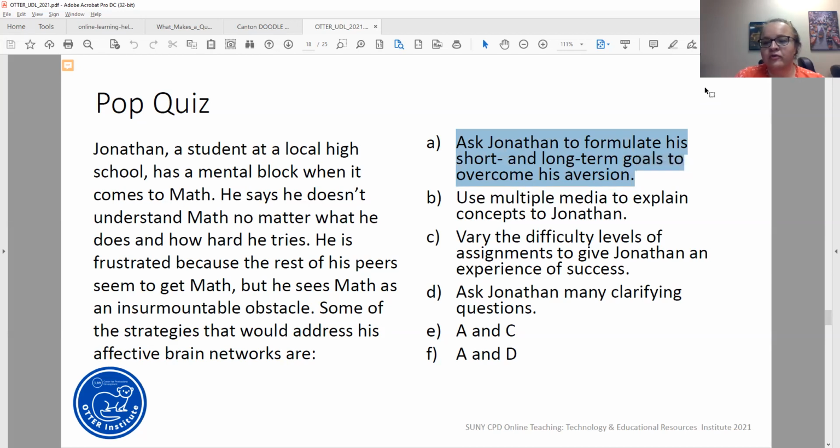So if you have a very relatable goal, you're able to move just 1 inch further, and then again, a smaller goal, again, 1 inch further, until you don't even know how you became a math lover. So those who answered E, which is A and C, answered correctly in my opinion.